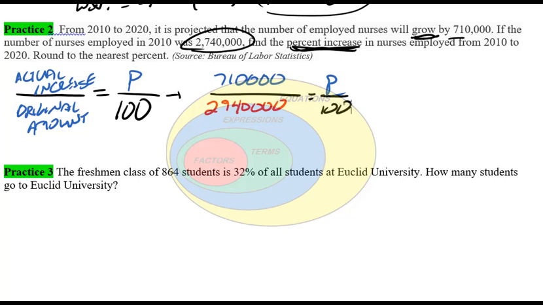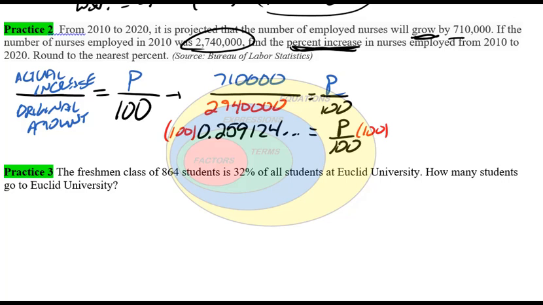All right, so to figure this out, I'm just going to take 710,000 divided by 2,740,000, and I get on my calculator 0.259124... There's a bunch more, and that's supposed to be equal to P over 100. So if I want to solve for P, I need to multiply by 100, which basically changes this decimal to a percent.